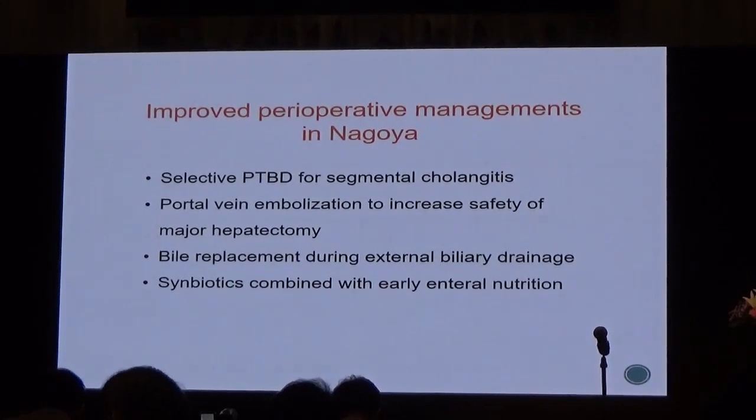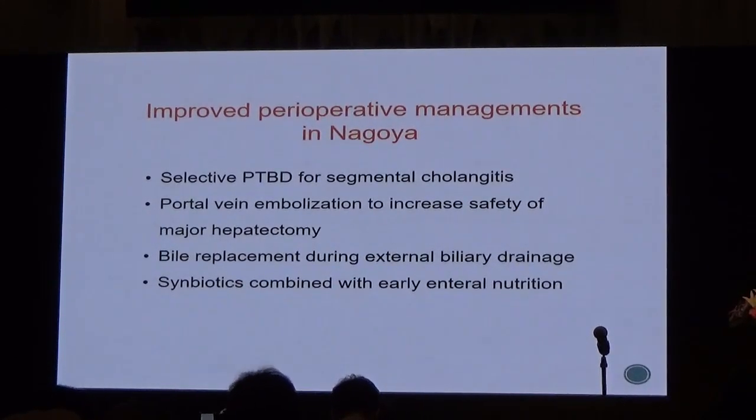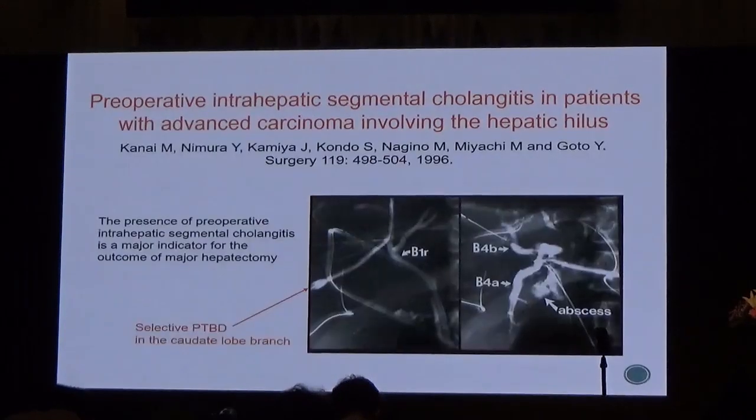We also used valve replacement during external bile drainage, and synbiotics combined with early enteral nutrition. This perioperative management was very, very useful for safer hepatobiliary resection for hilar cholangiocarcinoma.